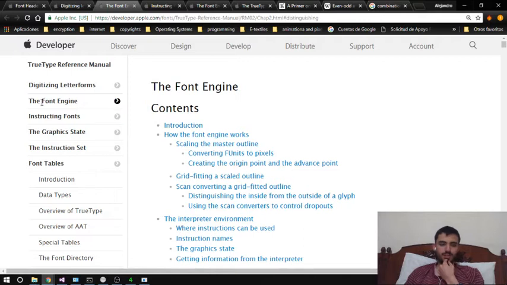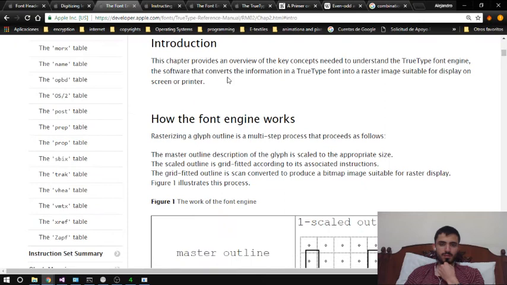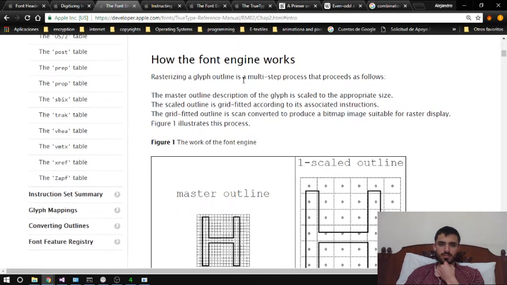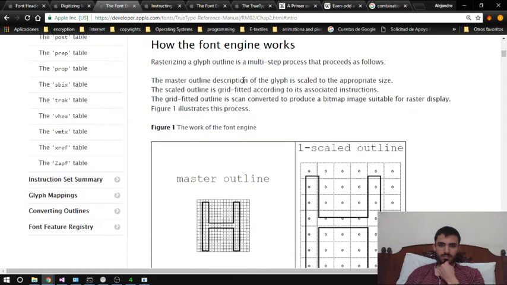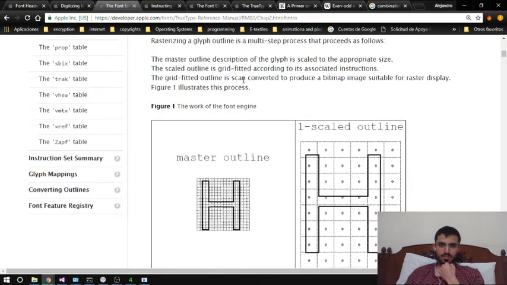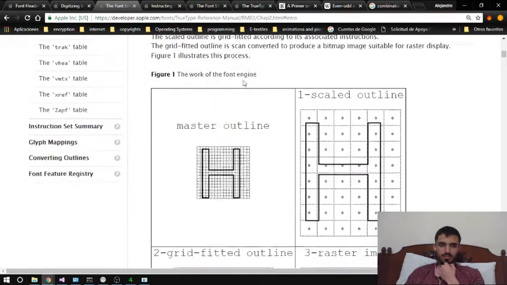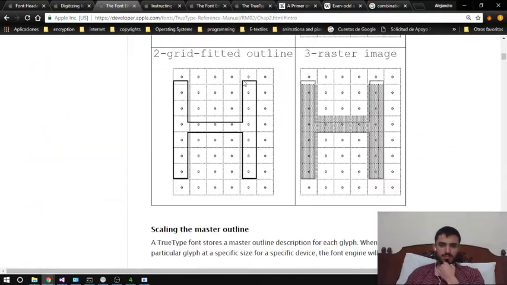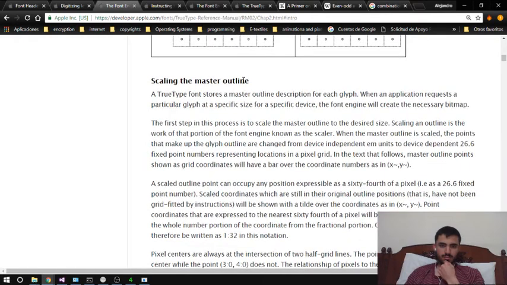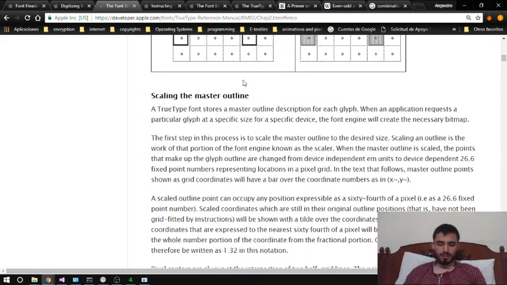Yeah, this is the font engine, but okay, I already read this.